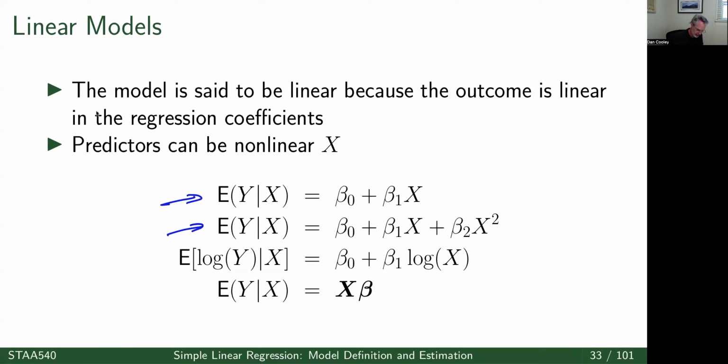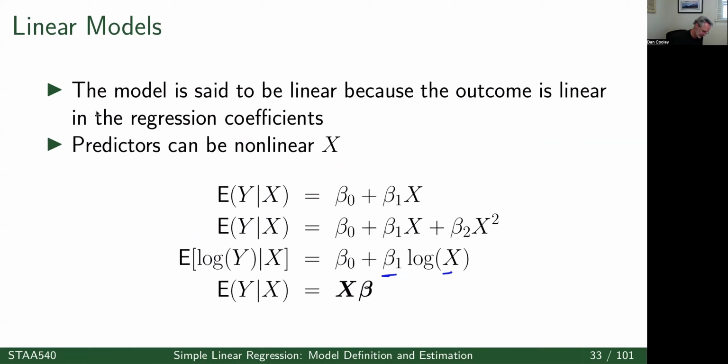Here's another model, which instead of just having linear terms, adds this quadratic term in X. And we all know that this would create something that looks like a parabola, depending on the values of beta naught, beta 1, and beta 2, and that would not seem to be linear in our usual description of being linear. Here is another model with the log function, and we know that does not look like a line.